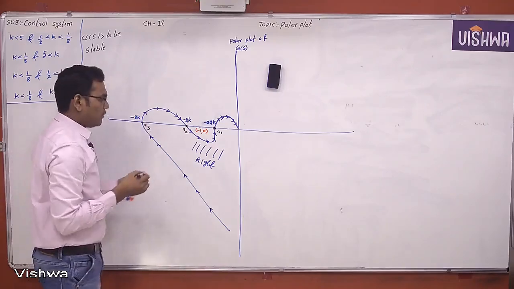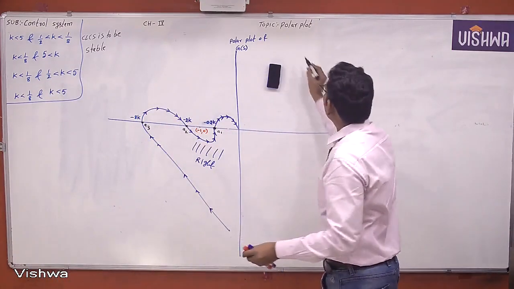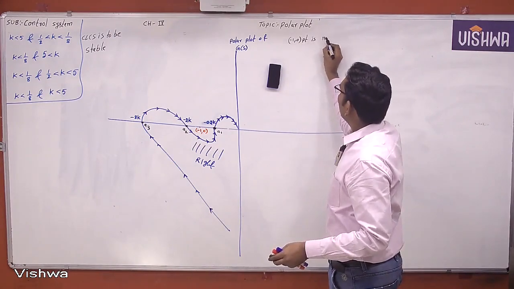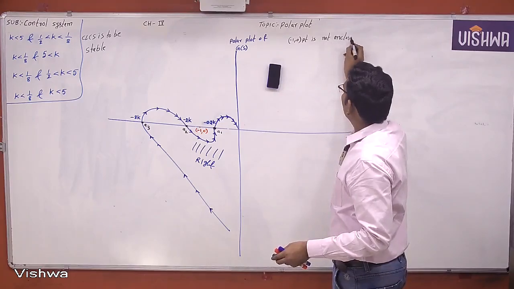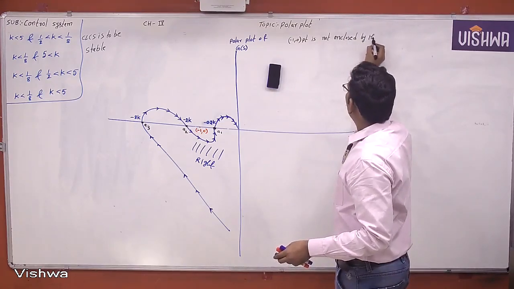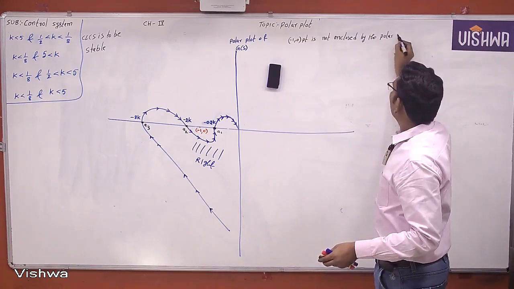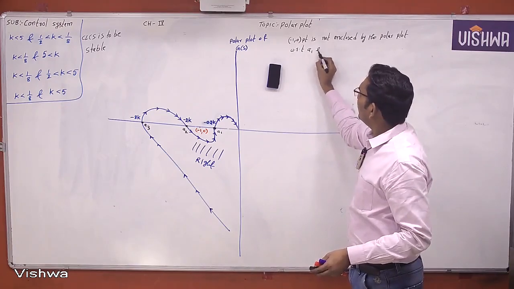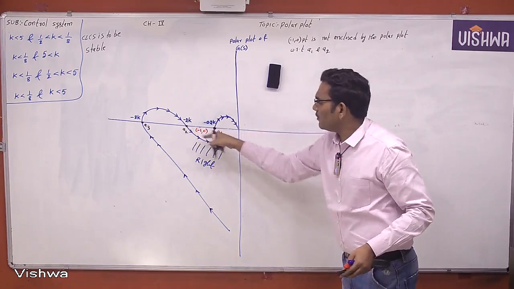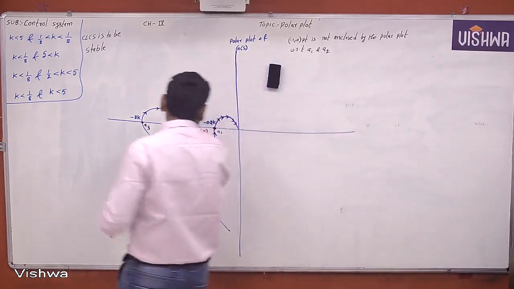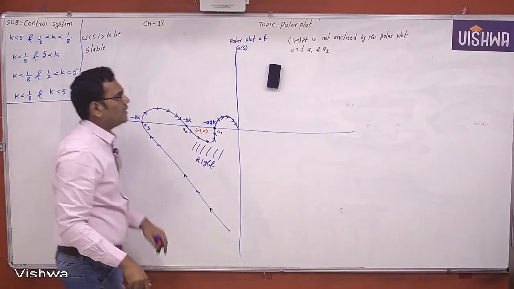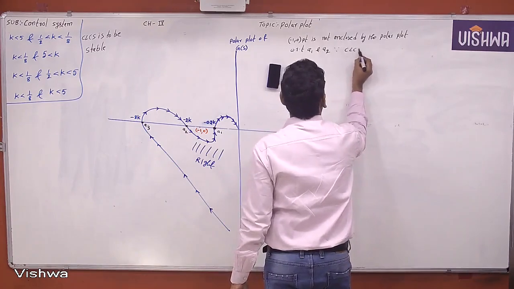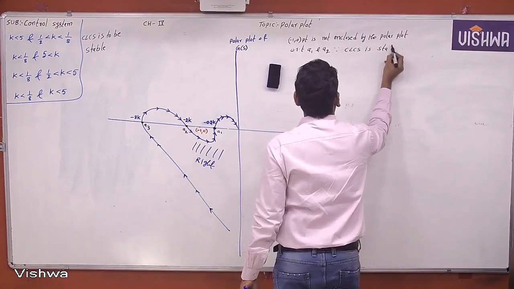Therefore, the -1 comma 0 point is not enclosed by the polar plot with respect to A1 and A2. With respect to A1 and A2, this is the direction, this is the right side, this is the left side, not enclosed. Sir, why is it not enclosed? If it is not enclosed, then only the closed loop control system is stable.